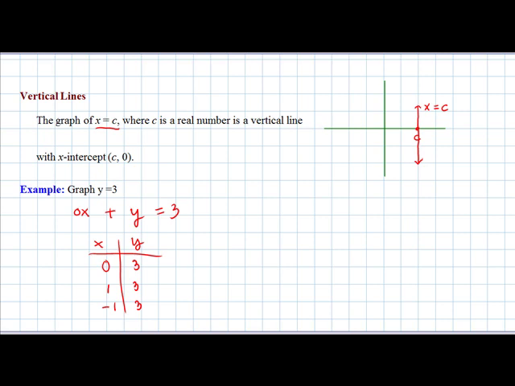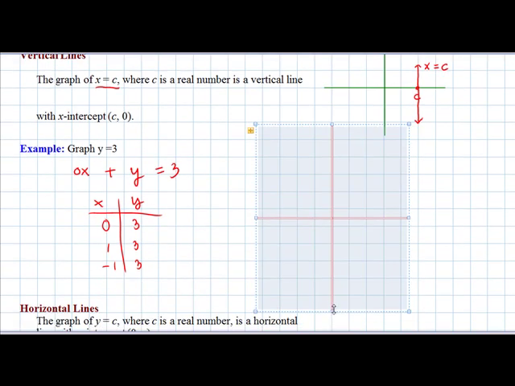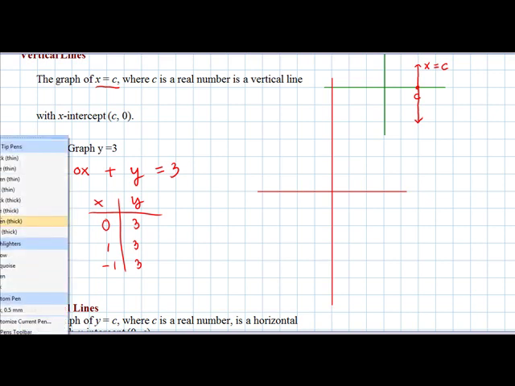So let's graph this problem. When x equals 0, y is 3.